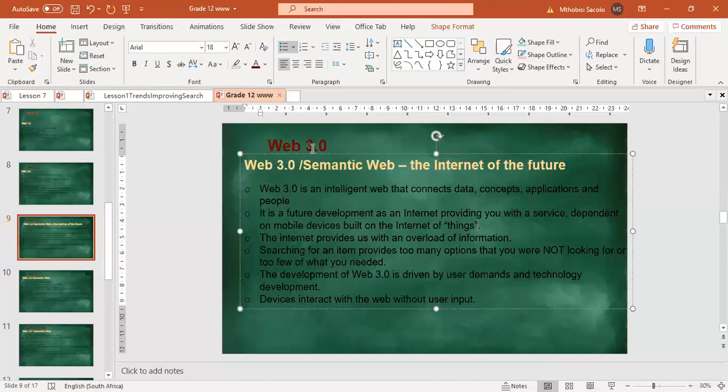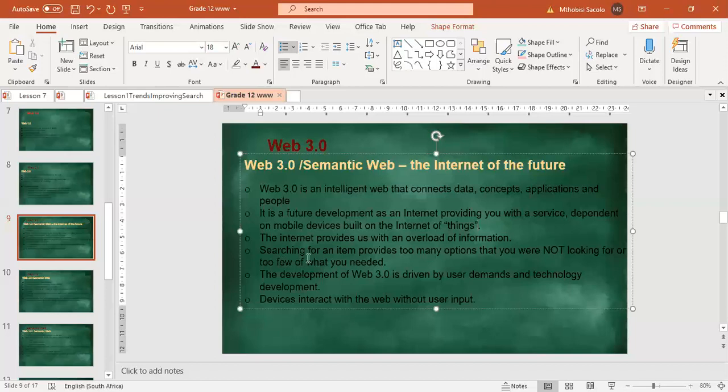So when it comes to Web 3.0, the web is very, very intelligent. It's smart. It operates like a real person. The internet provides us with an overload of information. So right now, if you search about something, you get even more information that you didn't even need.